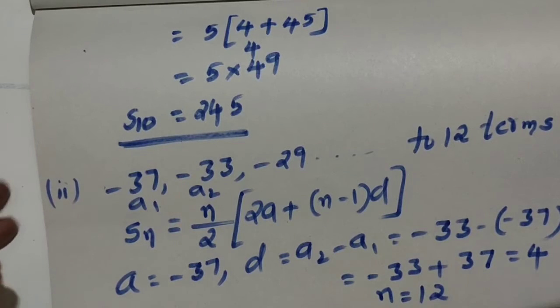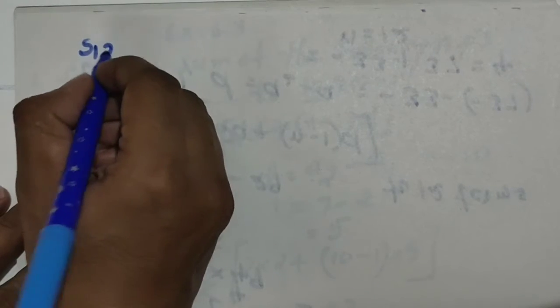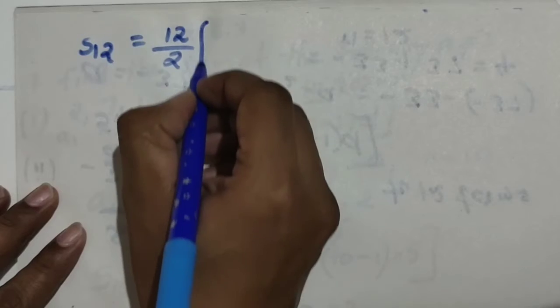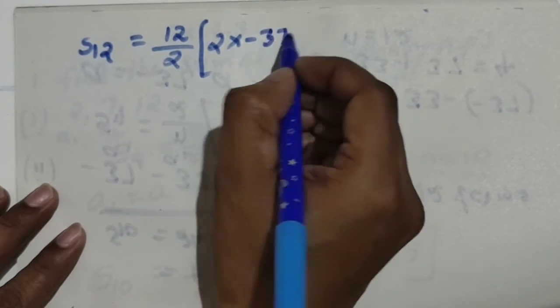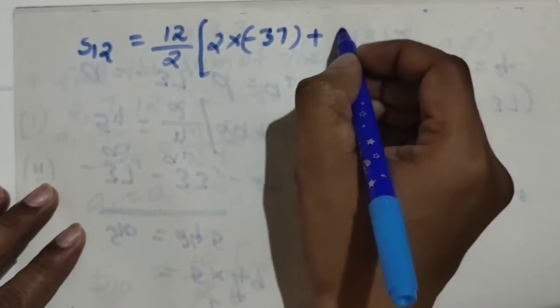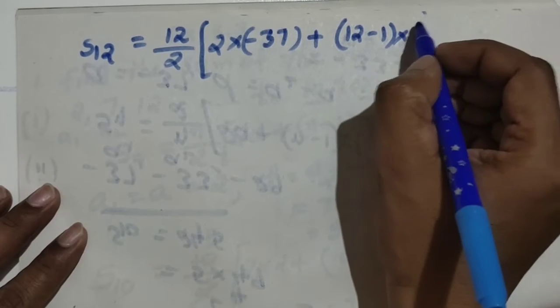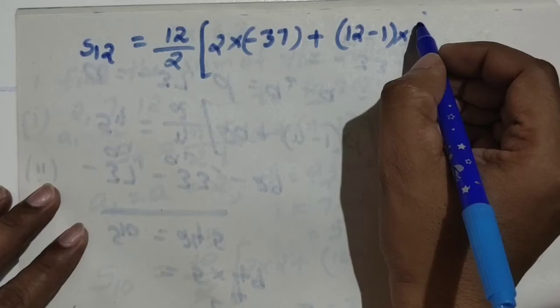So substitute all these values in the given formula. That is, S12 is equal to n by 2, that is 12 by 2, into (2 into a, 2 into minus 37 plus (n minus 1), that is 12 minus 1, into d). D is simply 4.